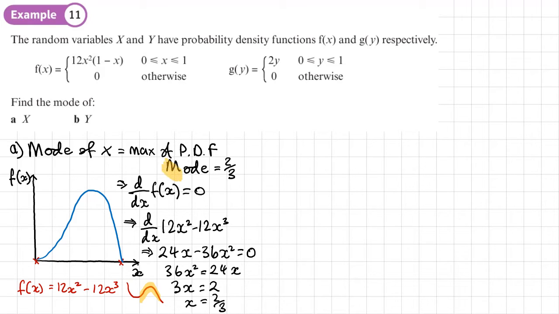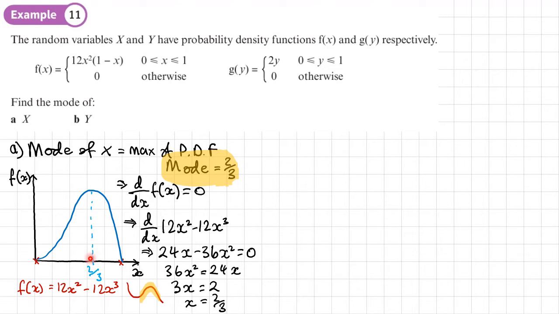So it was easier just to find out when d/dx is equal to 0, and that will tell us where the mode is, where the highest point is. That is telling us that this maximum, if I were to plot it and go down like that, is at the point 2/3, which is what we'd expect from our sketch. We said it was closer to 1 than it is to 0.